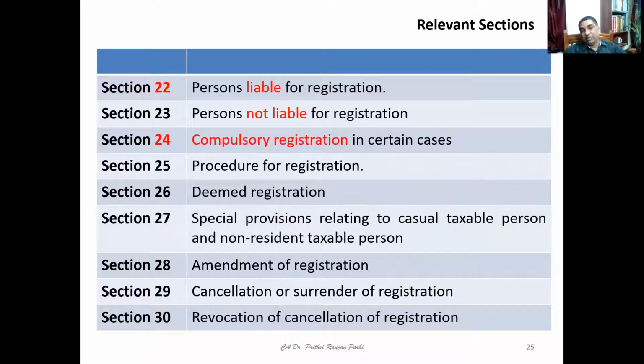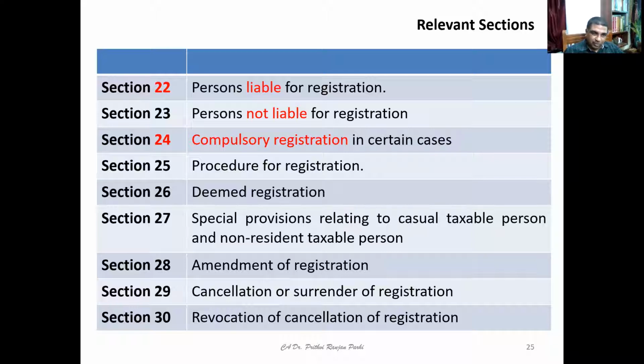Now, in order to learn the registration process, this is the list of sections which describes various provisions relating to registration. Section 22 of the CGST Act explains the persons liable for registration. Section 23, persons not liable for registration. Section 24, compulsory registration in certain cases.